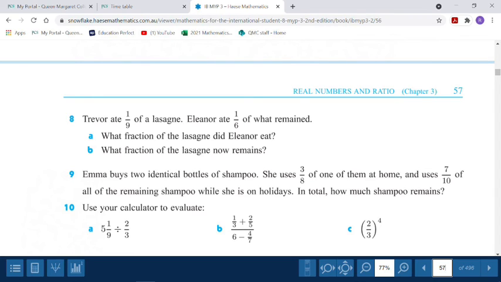Go back to what we did before. It's subtracting. You had a whole pizza, so that's 1 pizza. 1 minus how much he ate minus how much she ate. So be careful. They're mixing operations on you here, right? Even though you have the word of, we're looking for how much remains. How much remains is an addition or subtraction problem, right? It doesn't say what fraction of the lasagna did someone eat.